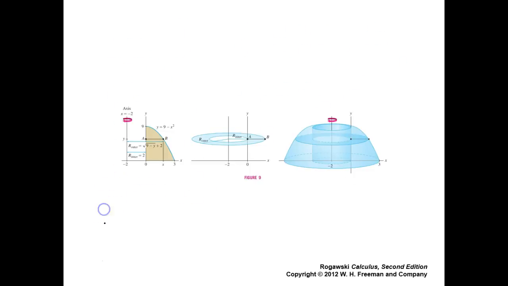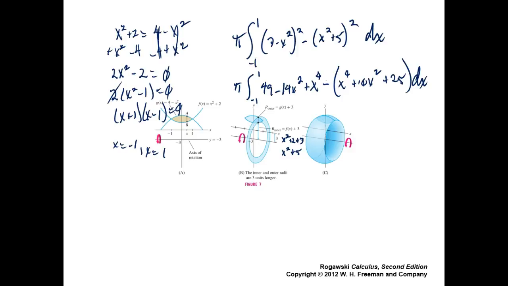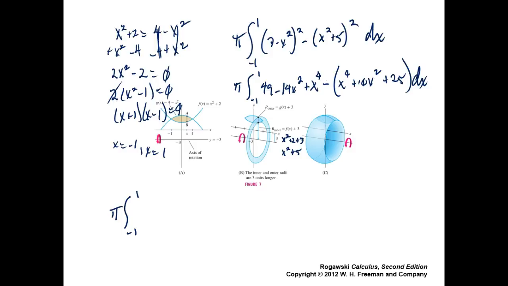Now, that's going to be pi times the integral from minus 1 to 1. Okay. Let's do the x to the fourth first. This is an x fourth minus an x fourth.